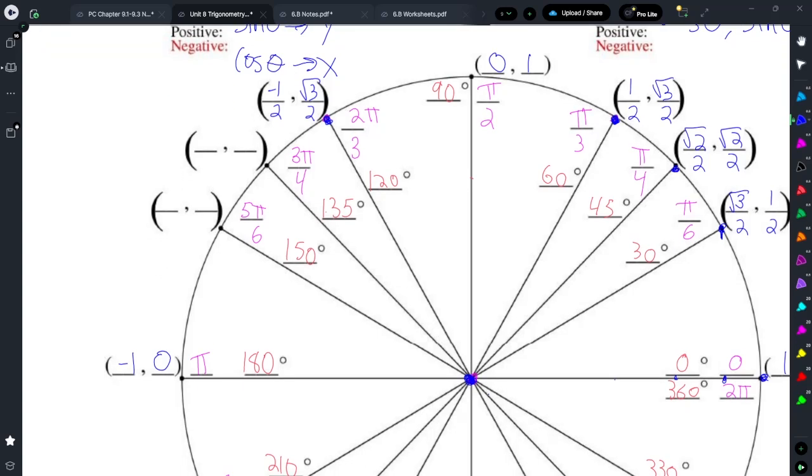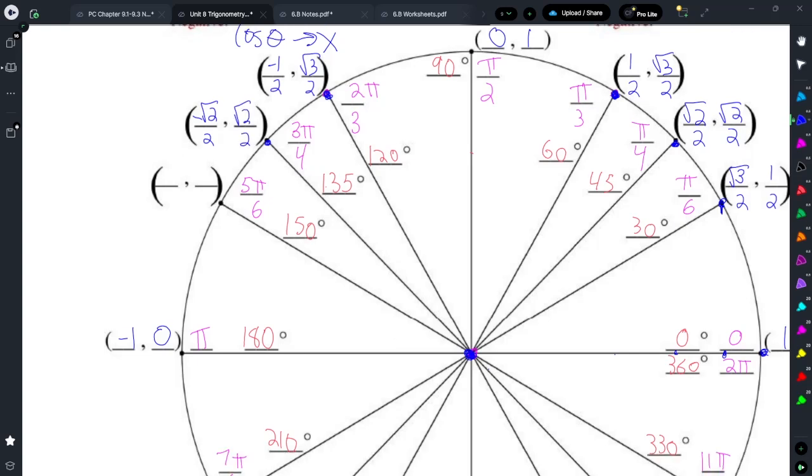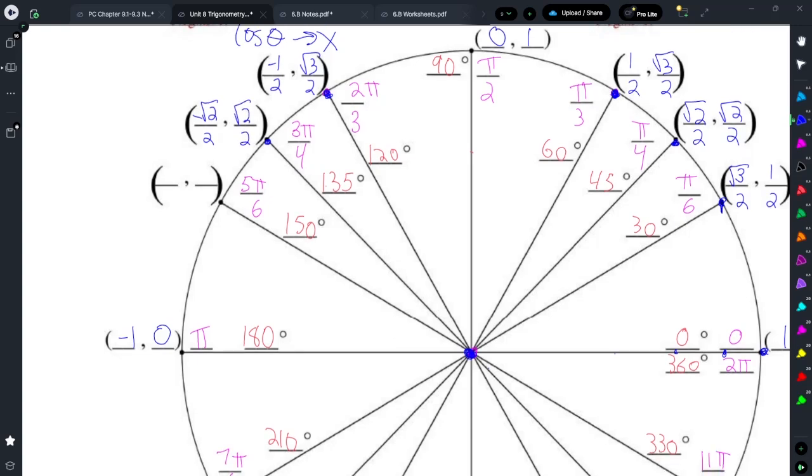Then taking this point and translating it over here for the pi over 4, so it's negative square root of 2 over 2, comma, positive square root of 2 over 2. And then lastly, reflect this point, the pi over 6, to 5 pi over 6. The x is going to be negative square root of 3 over 2, and the y is going to be 1/2.